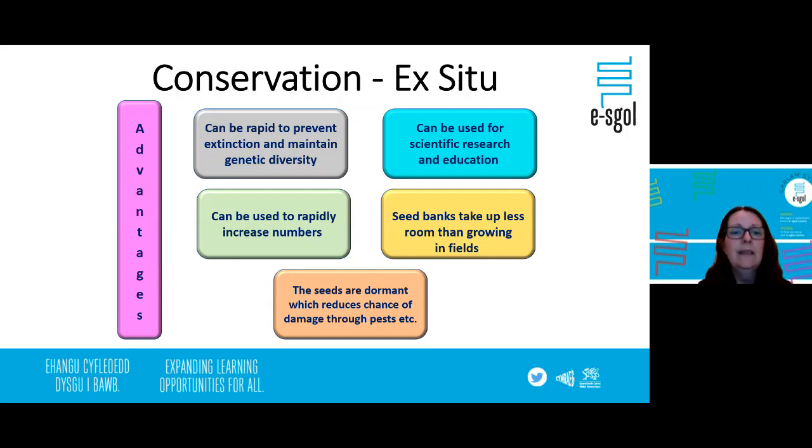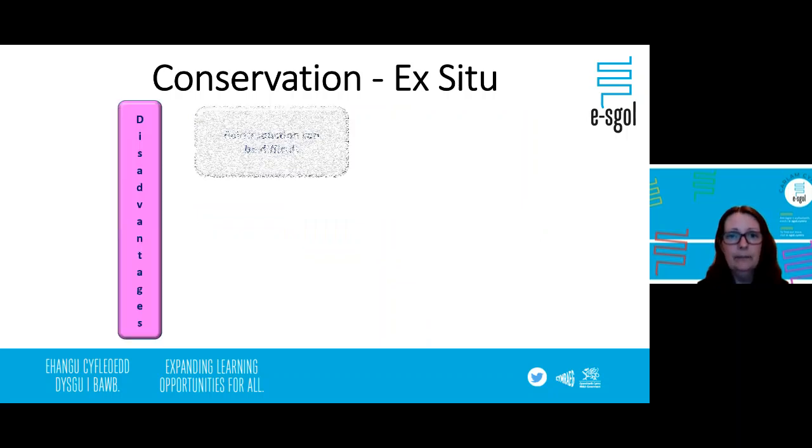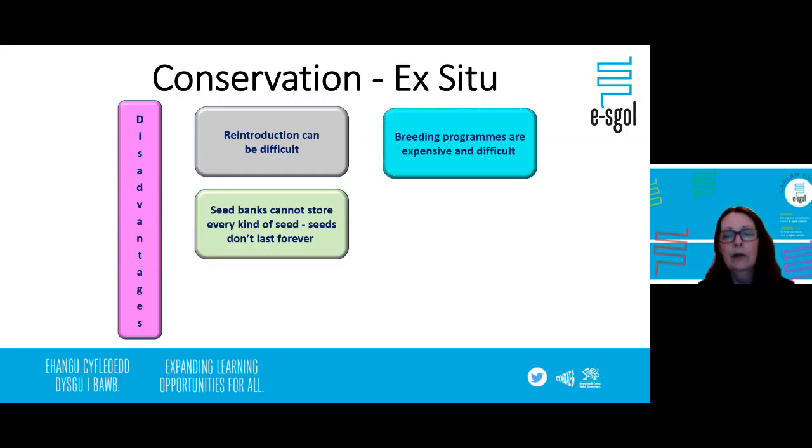So let's look at the disadvantages now of conservation ex situ. If we carry out conservation ex situ, we might want to reintroduce an organism back into its native environment. So we might see an organism that is dwindling in numbers, we take it out, we increase the numbers by a breeding programme, and then we want to reintroduce it.